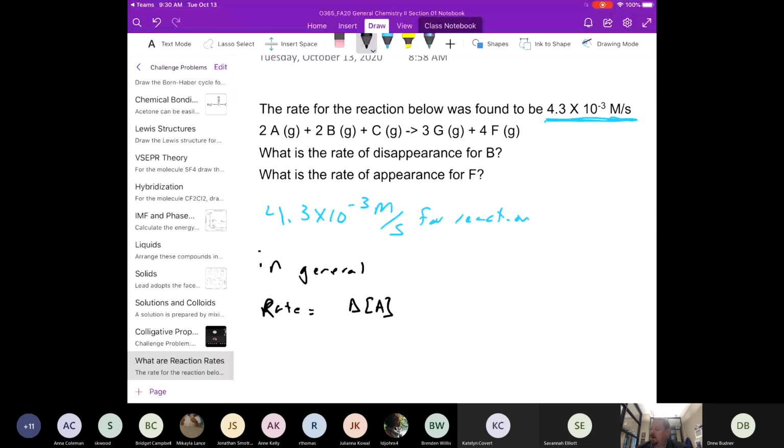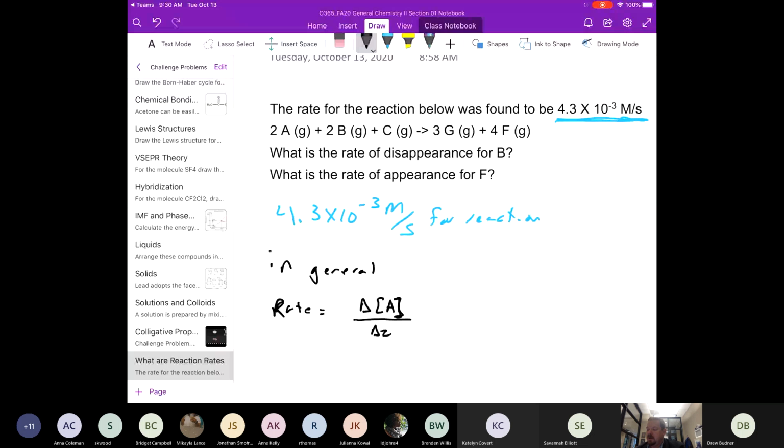Here it goes. Where we talk about a concentration as using brackets, right? So the change in concentration per change in time, we can relate that to the way that the change in the concentration of B is changing in unit time.